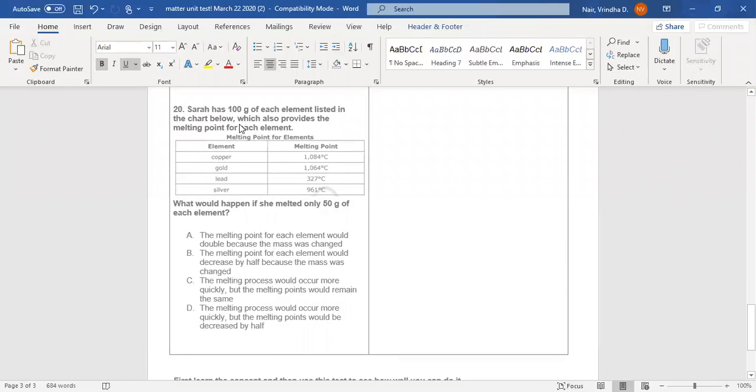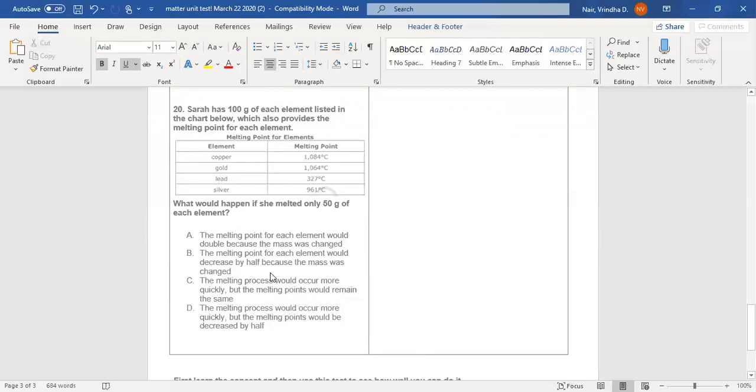Will the melting point change because she just took 50 grams, or will the melting point increase because she has taken only 50 grams, or will the melting point decrease because she has taken only 50 grams? So what can it be? Here she has 100 grams, but she did not take 100 grams. She's only taken 50 grams, but will the melting point change?